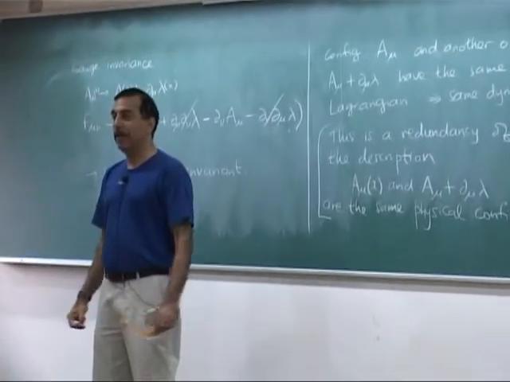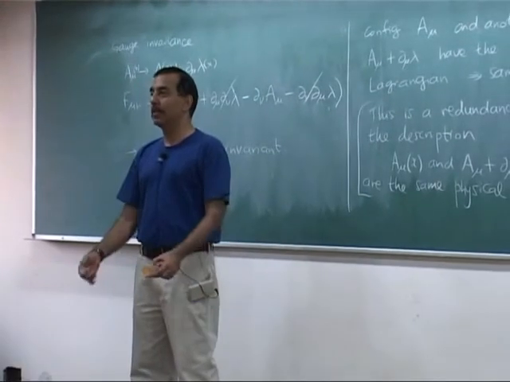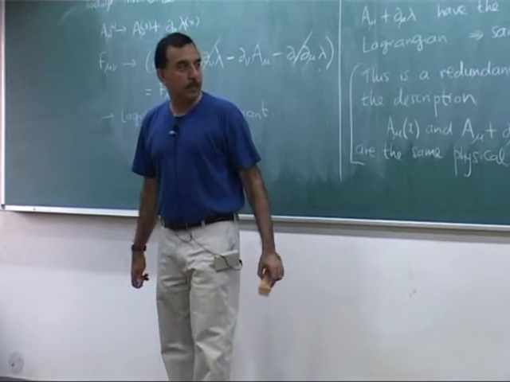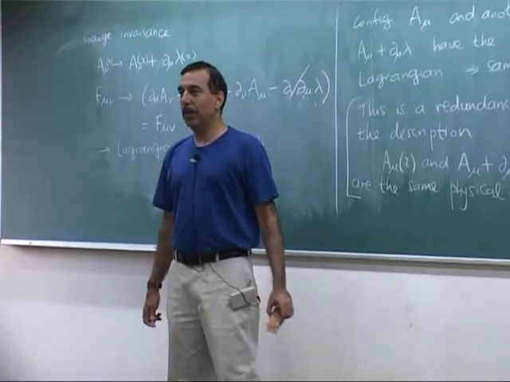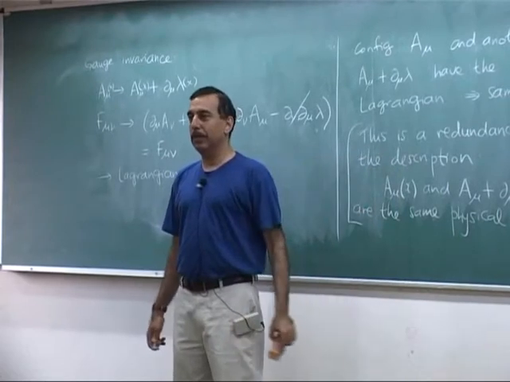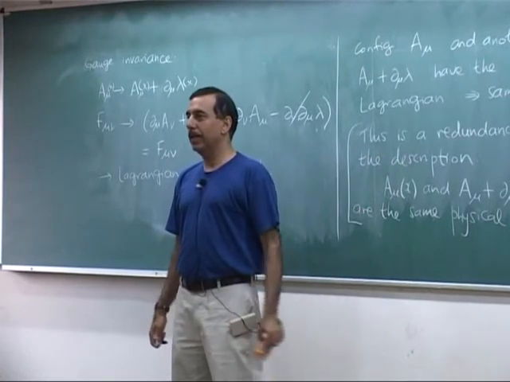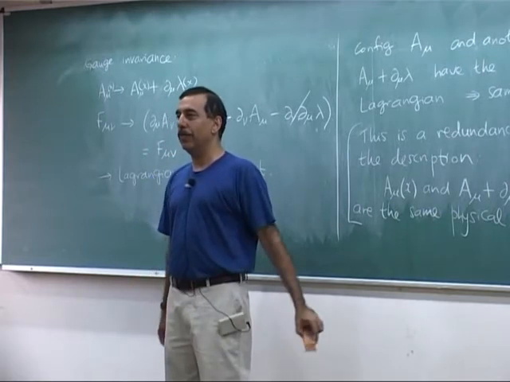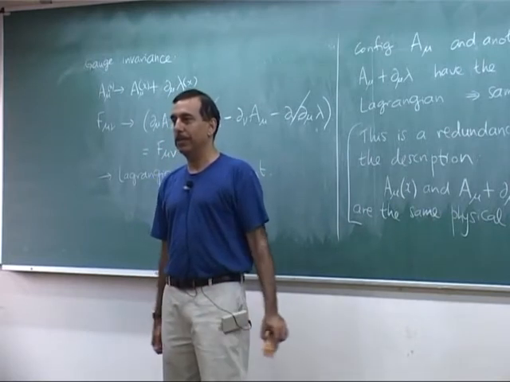It means if we look for any vector field in nature, any particle described by a vector field, it should be a massless particle. And the first place where it's tested is the photon, which is the quantum that you get, the particle that you get by quantizing this vector field, and indeed it's massless. So you feel very happy. That means the masslessness of the photon is due to gauge invariance.